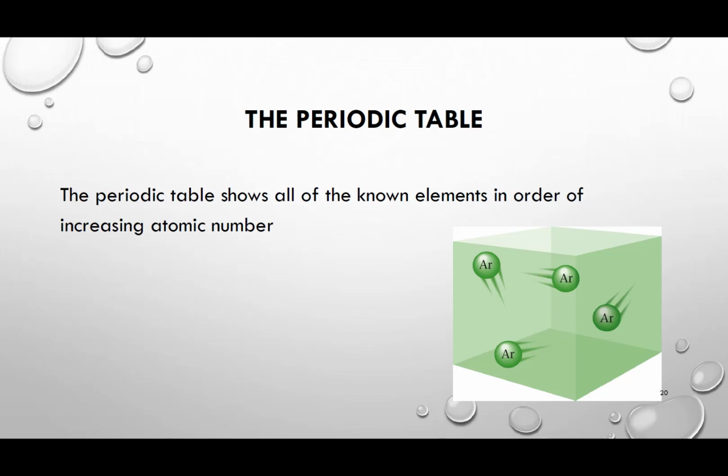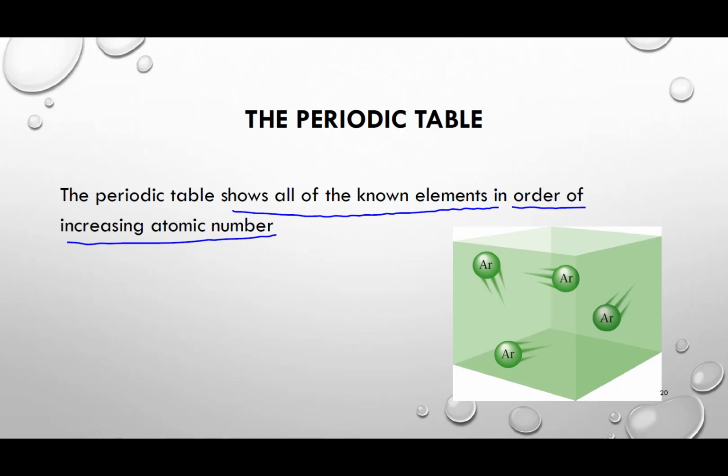Now let's talk about the periodic table of elements. The periodic table of the elements shows all of the known elements and is set in the order of increasing atomic number. That's how the periodic table is set. It's set based on the increasing atomic number.